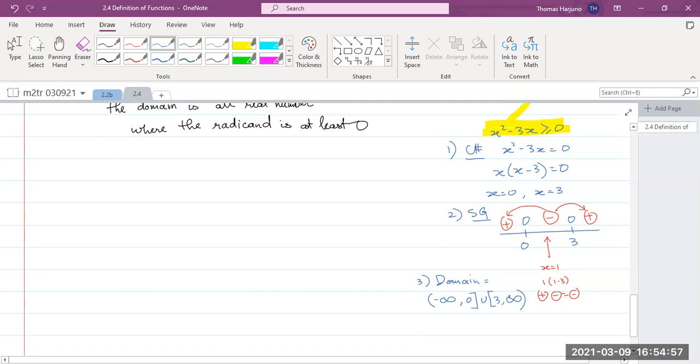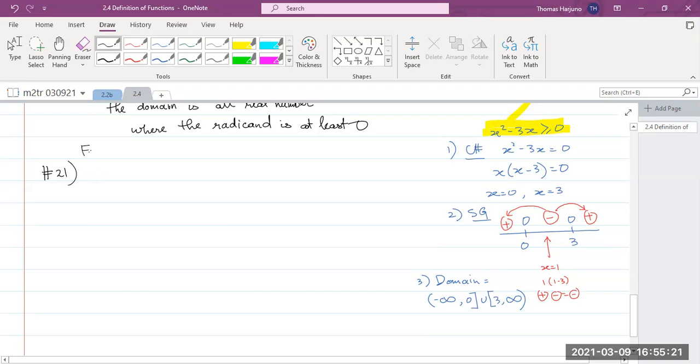Okay, now let's take a look at our textbook. Let's take a look at number 21. I think I did a lot of even numbers in my lecture, so let me do odd numbers right now.